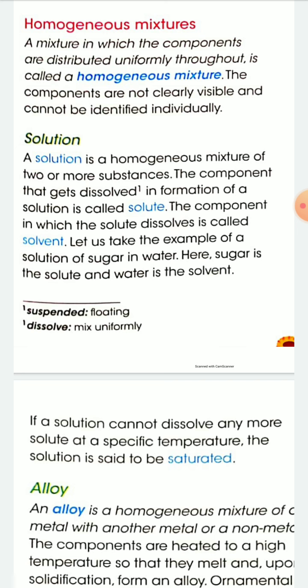The components of a homogeneous mixture are not clearly visible because they are mixed equally, and the components cannot be identified individually. So a homogeneous mixture is a mixture in which the components are distributed uniformly throughout.